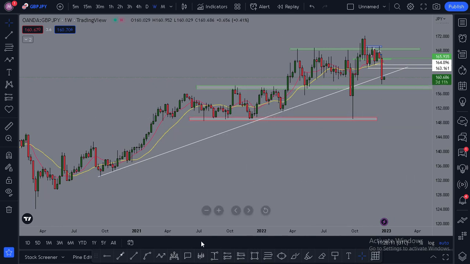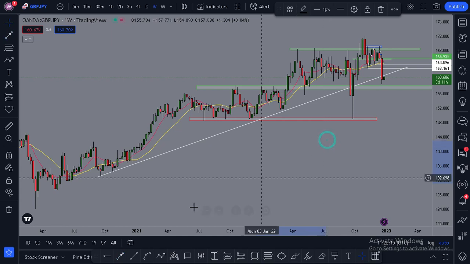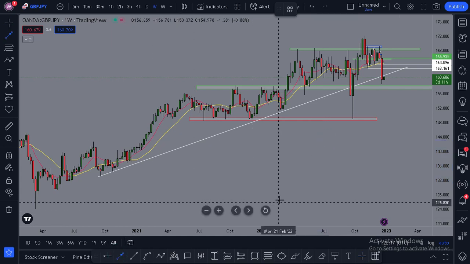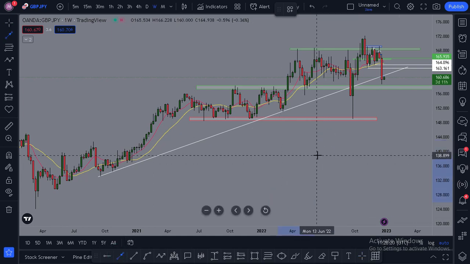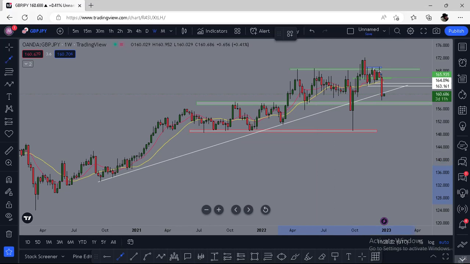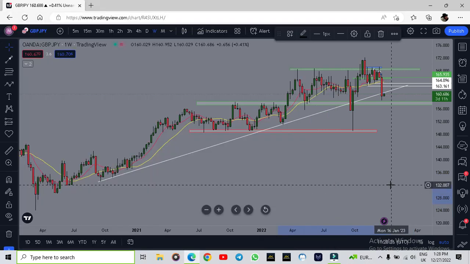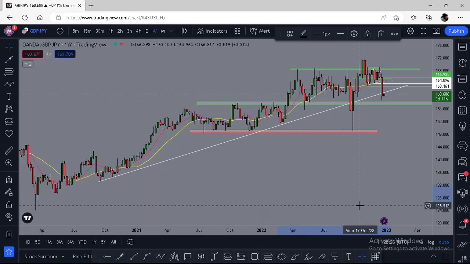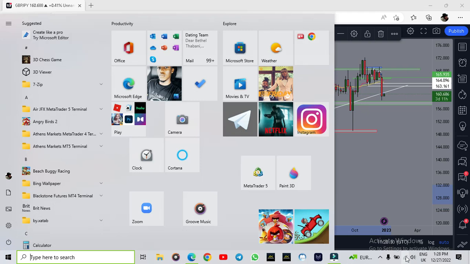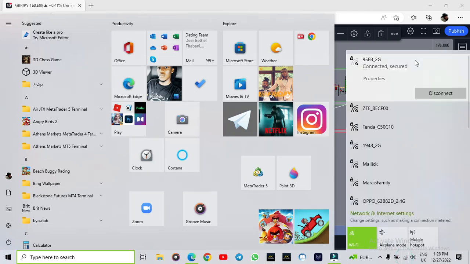So already this indicates an uptrend. I don't know why it's not drawing. Okay, I think my Wi-Fi has a problem, so I'll try to fix that.